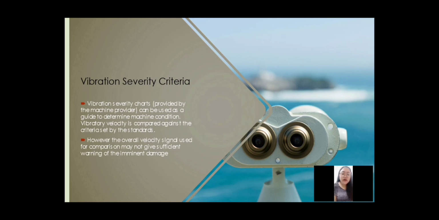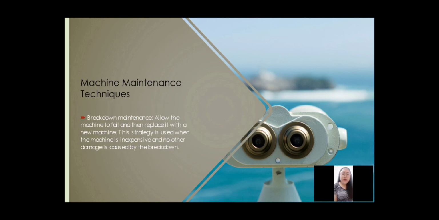Vibration severity charts are provided by the machine provider. Can be used as a guide to determine machine condition. Vibratory velocity is compared against the criteria set by the standards. However, the overall velocity signal used for comparison may not give sufficient warning for the imminent damage.